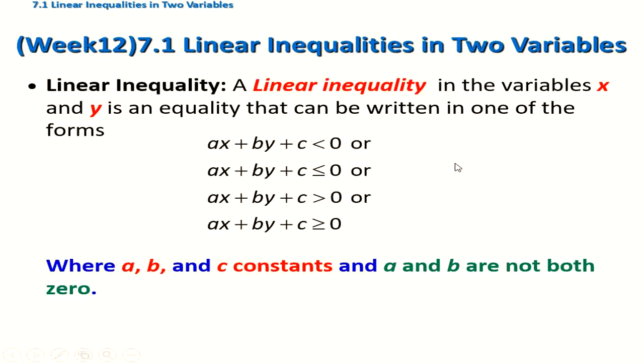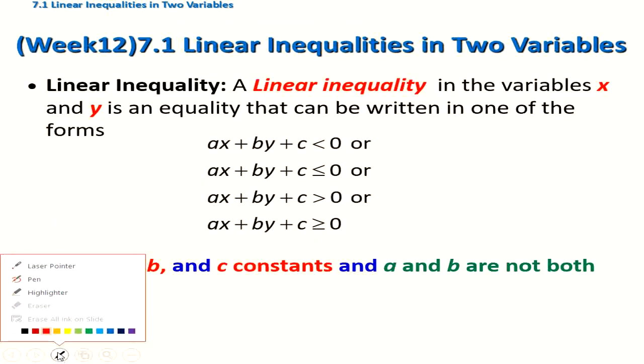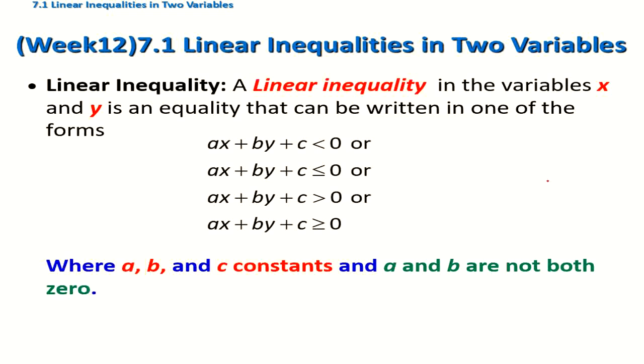You can write 2x plus 3y greater than 0, or this can be a constant as well. 0 can be replaced by another constant. The c can be on the right side, positive or negative, doesn't matter.